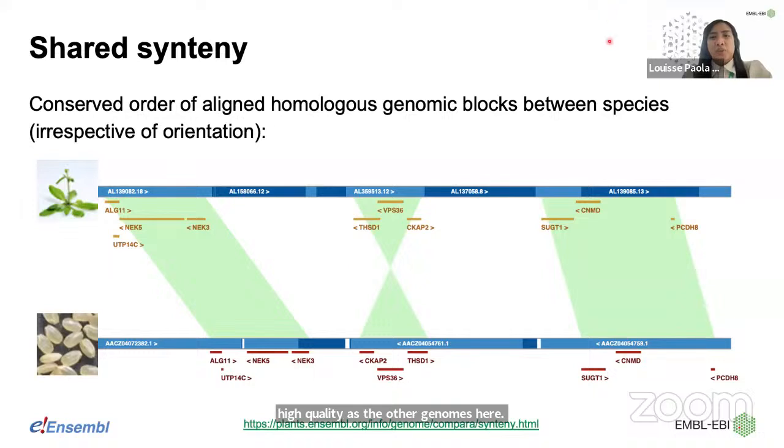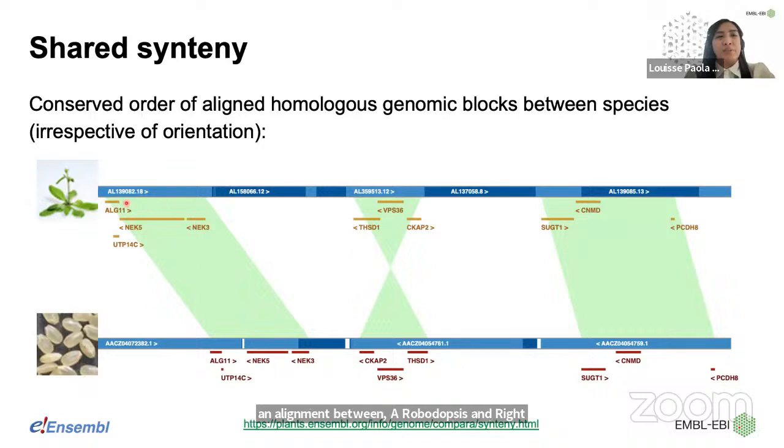Next, I want to talk about synteny. Synteny is the conserved order of aligned homologous blocks between species. What you're seeing on my slide is an alignment between Arabidopsis and rice.